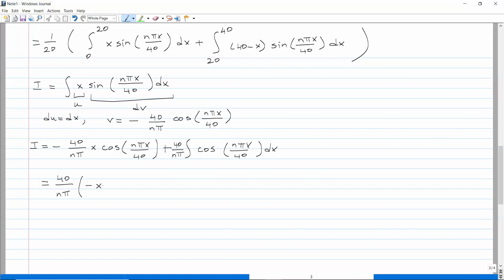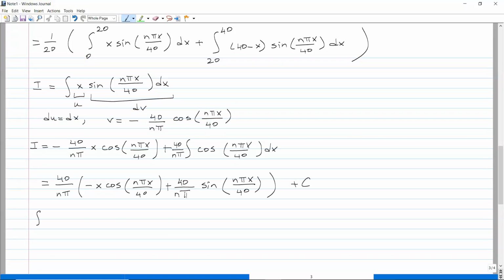We have minus x cosine n pi x over 40 plus the antiderivative of cosine, which is sine. But first we need to divide by the coefficient of x, 40 over n pi, sine of n pi x over 40. Plus c, of course, but since we are going to evaluate a definite integral, that c part is not important.